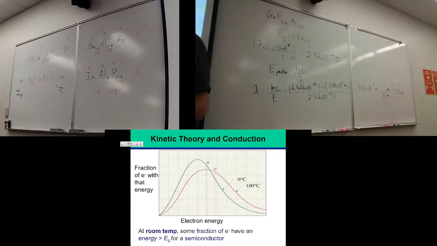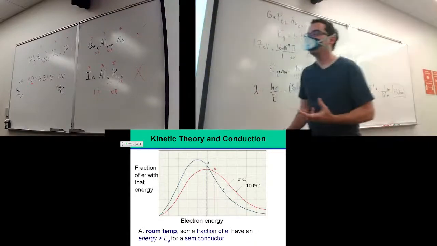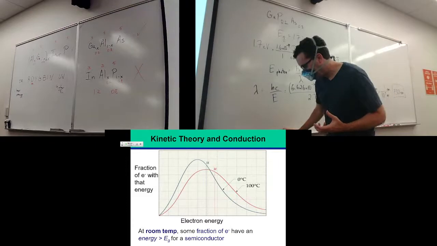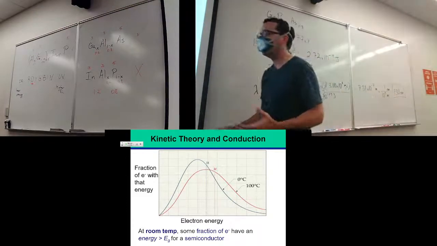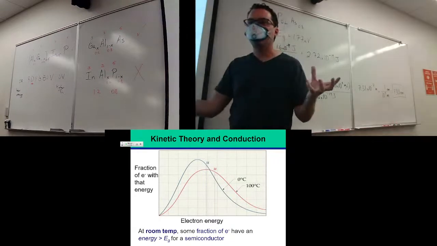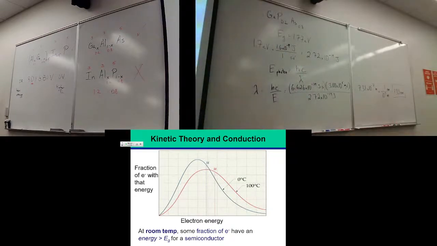You can think of it as atom energy too, kind of equivalent. And on the y-axis we have the fraction of electrons with that energy. You can think of it almost as a probability: if you have a giant sample, how many out of that sample have that particular energy?